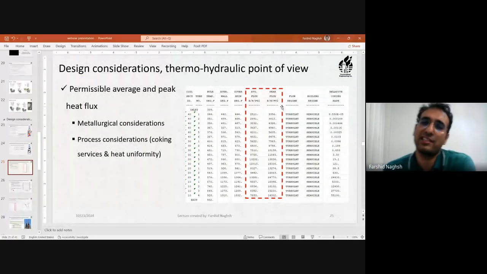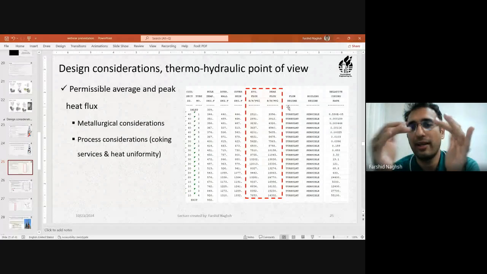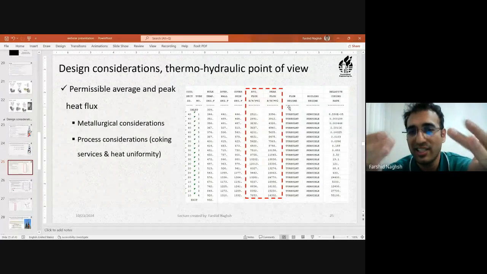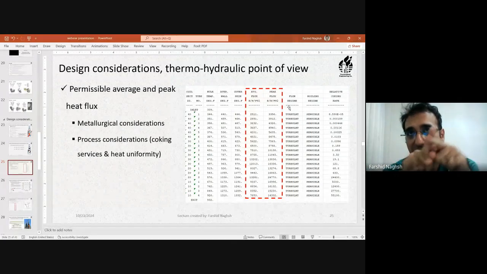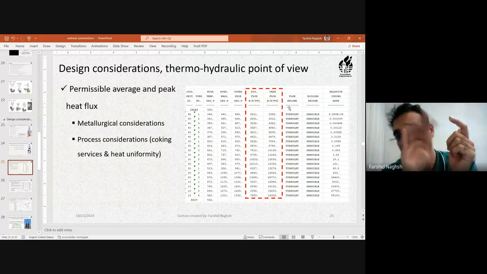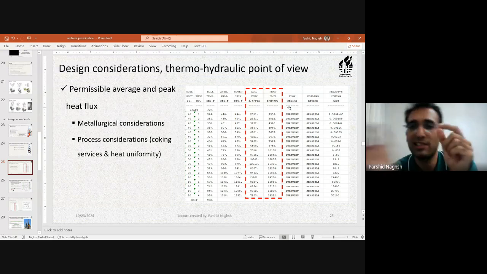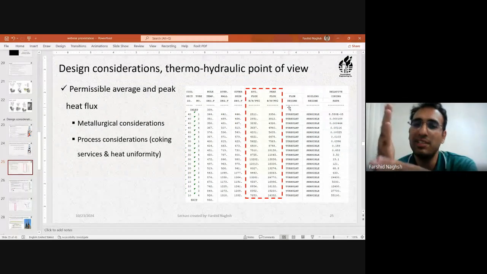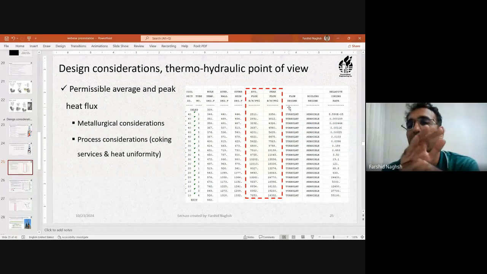Average flux is the power divided by the total surface of the tube. Peak flux is the power divided by the surface of the side of the tube that is close to the burner. It means half of the surface of the tubes.